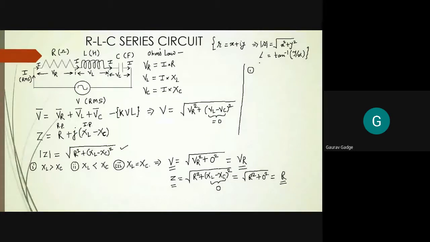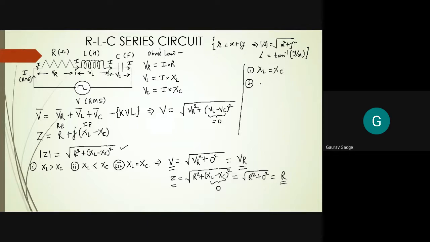Ishita? Yes, sir. Can you tell me the resonance condition? Very good. This is the first condition. The second condition means that in that condition we are getting certain elements equal, right? So first we got XL equal to XC. Another, is it possible to tell, Ishita?